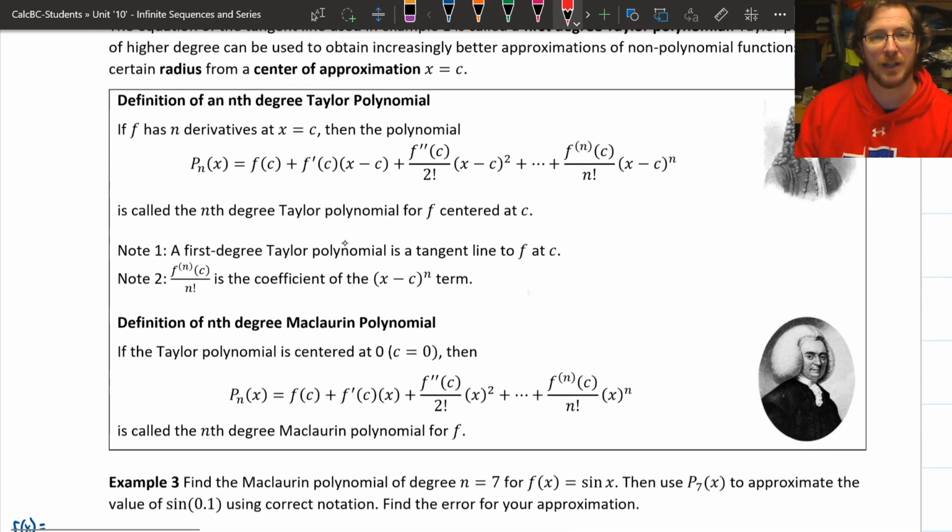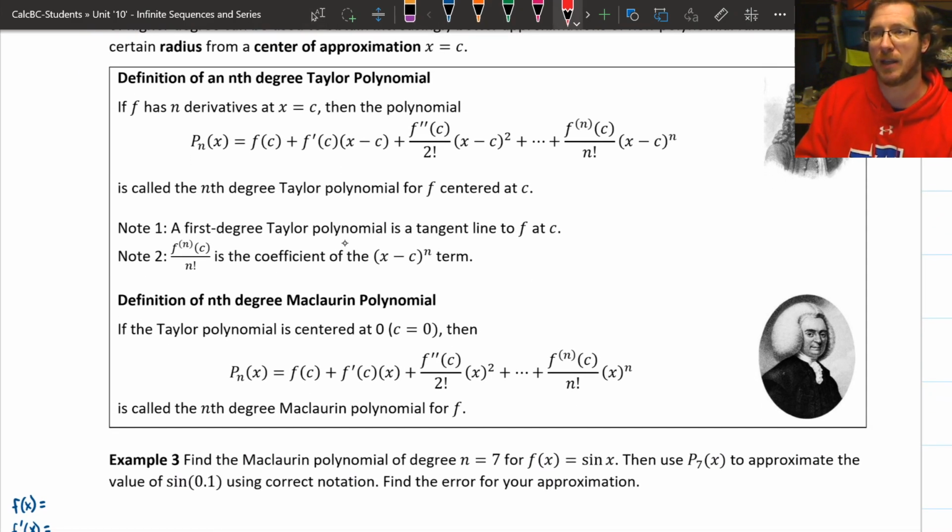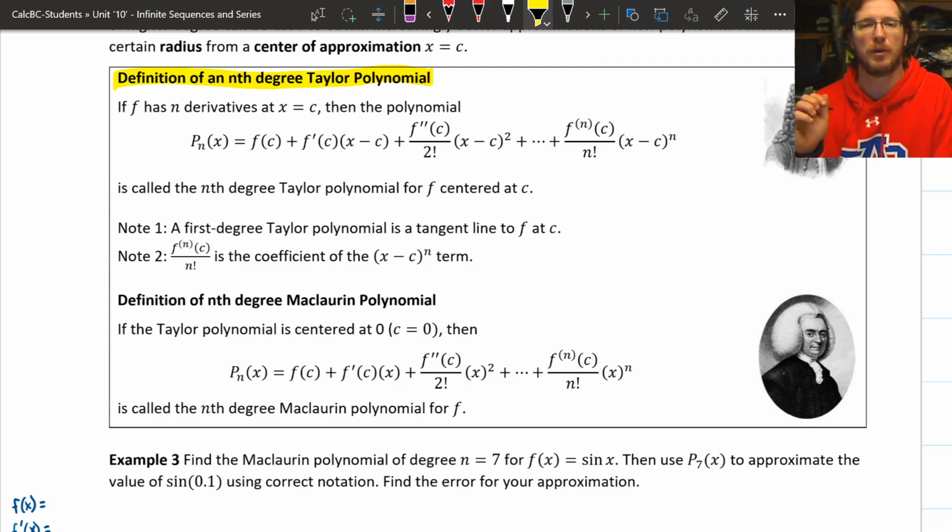All right, so definition of an nth degree Taylor polynomial. If f has n derivatives at x equals c, then the polynomial p sub n of x equals f of c plus f prime of c times x minus c plus f double prime of c over 2 factorial times the difference of x and c squared plus so on and so forth.